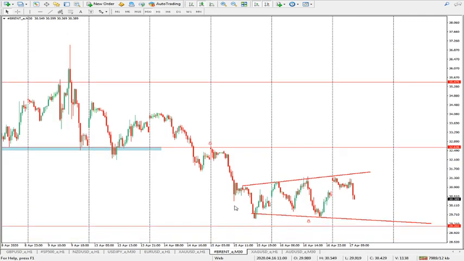So if you put 30 minutes, you should be able to see it clearly that the price is somehow consolidating within some range. We had a resistance here. We had a resistance, and the support.